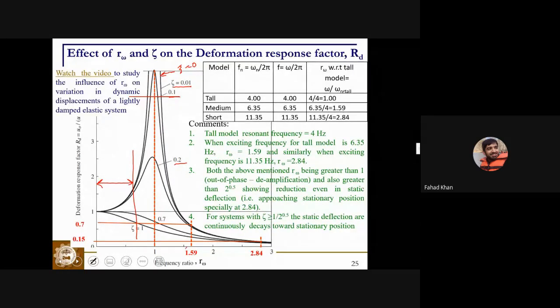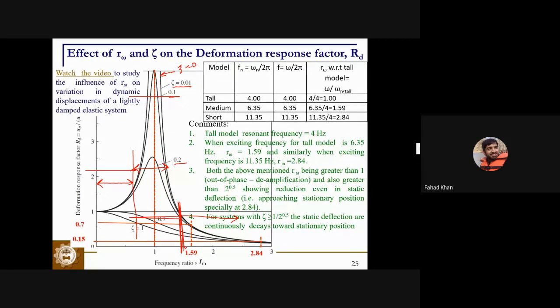After about this point, the damping is ineffective once again. Between these two points, the damping plays a very important role. So as such, the damping has limited use when it comes to the frequency distribution of the system. Now, what does it mean?